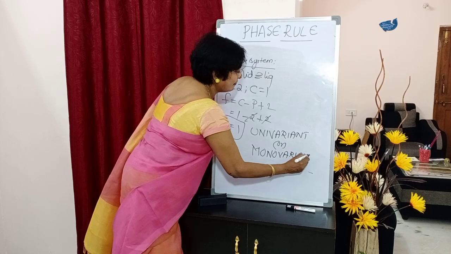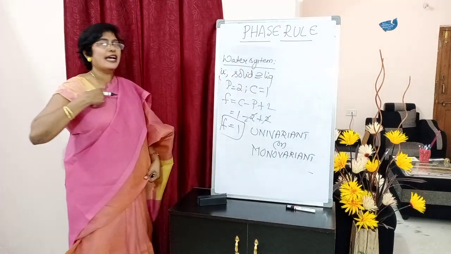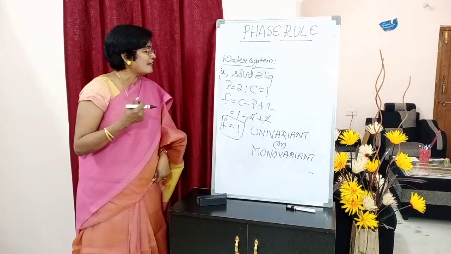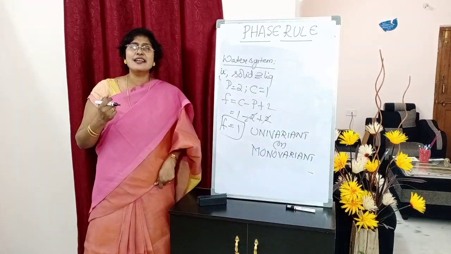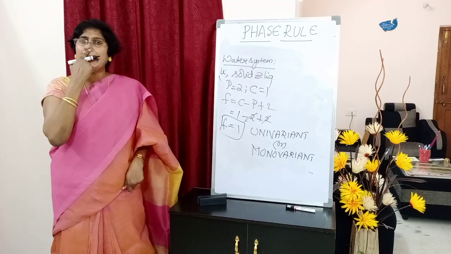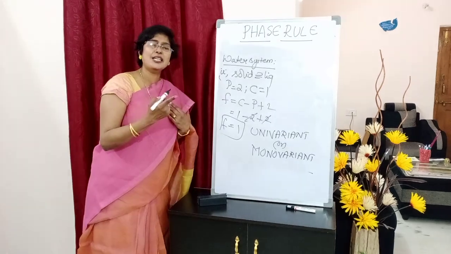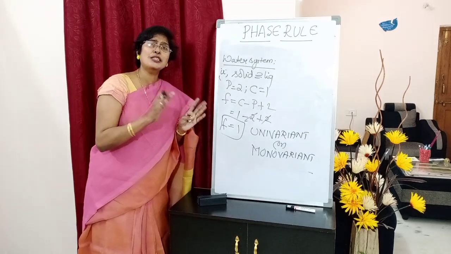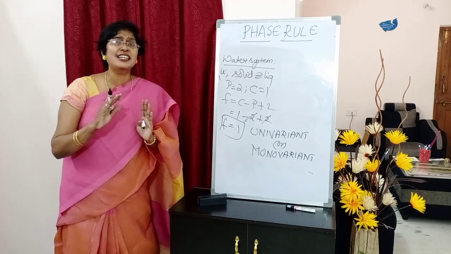Okay. So when F is equal to 2, it is called as bivariant system. When F is equal to 1, it is called as univariant or monovariant. Now, what is the meaning? When F is equal to 2, we can change both the factors without change in the phase.